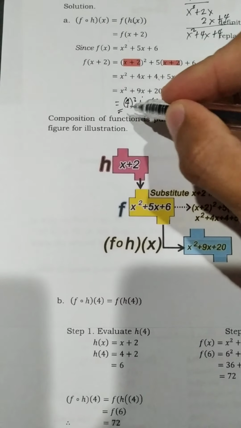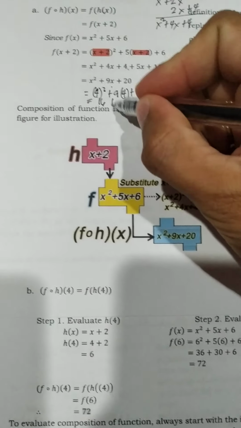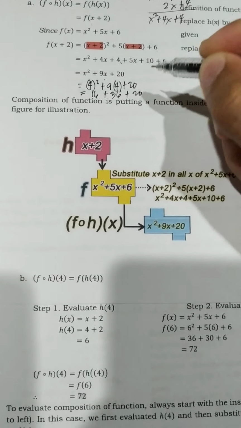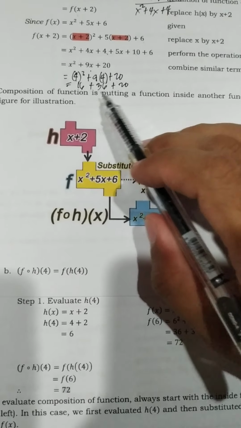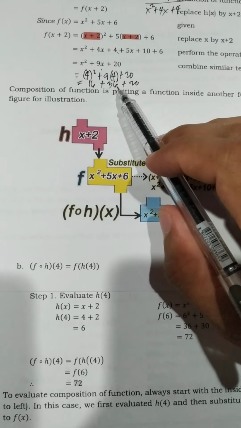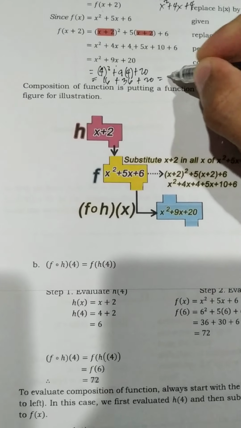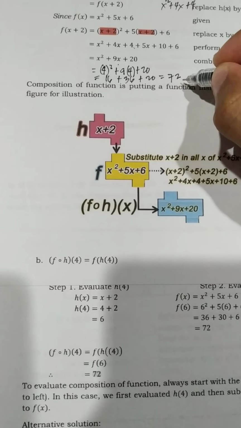So this will be 16 plus 36 plus 20. So you have here 16 plus 36, that is 52, plus 20, that is equal to 72. So our answer is 72.